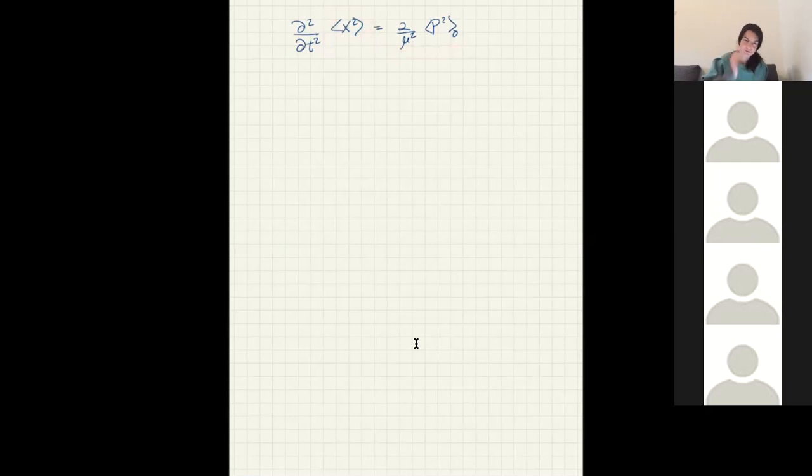And now finally we have a differential equation that we know how to solve. So we get a second degree formula for x squared of t.